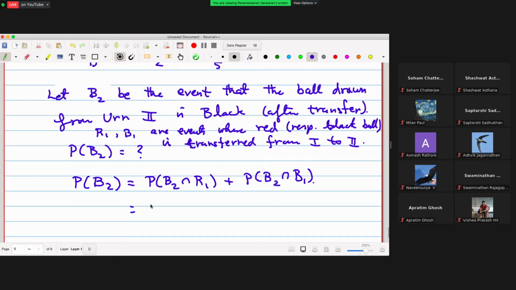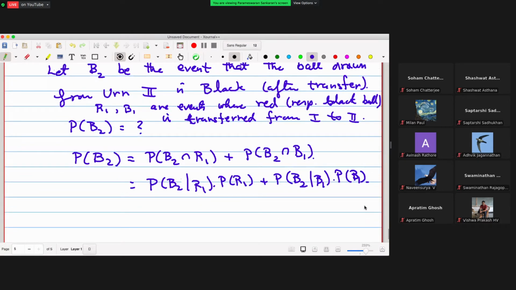But this is the same thing as probability of B2 given R1 times probability of R1 plus probability of B2 given B1 times probability of B1. And that is easily computed. What is it?